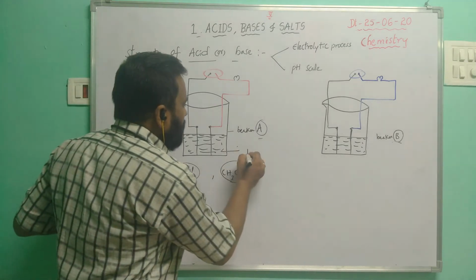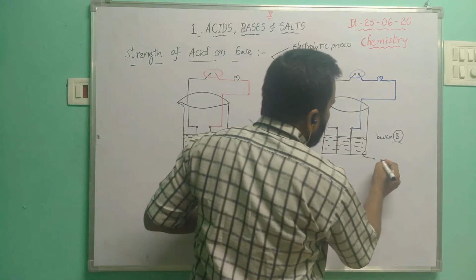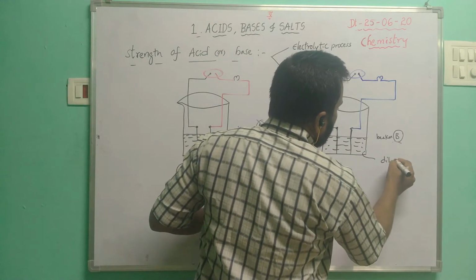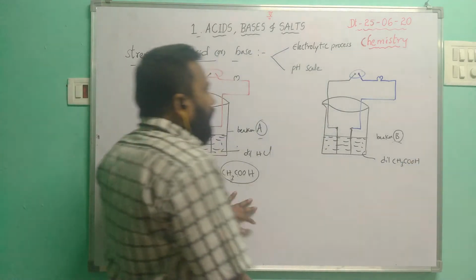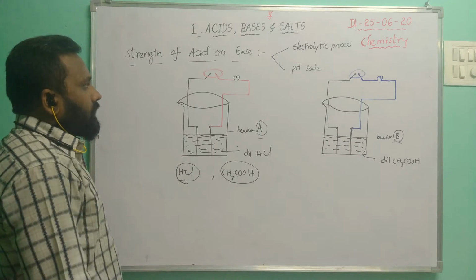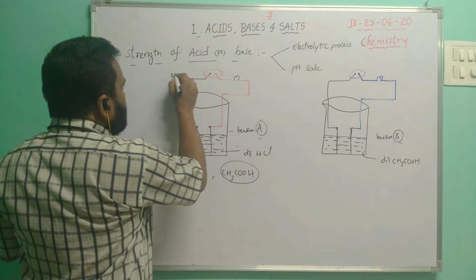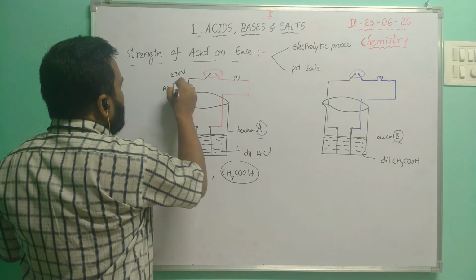This is the dilute HCl, and this is the dilute CH3COOH. Then this is the 230 volts AC plug.